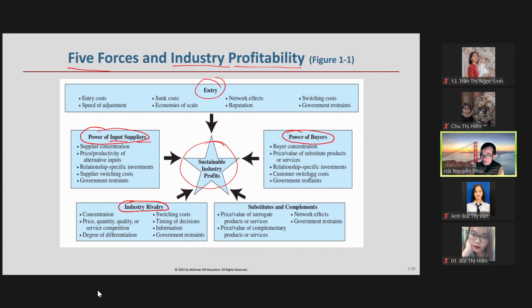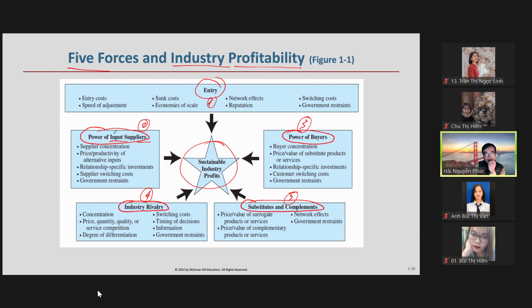The level of competition. And the fifth one is the availability of substitutes or complements. Okay, so 1, 2, 3, 4, and 5. There are 5 forces that affect the sustainability of profit in the industry.